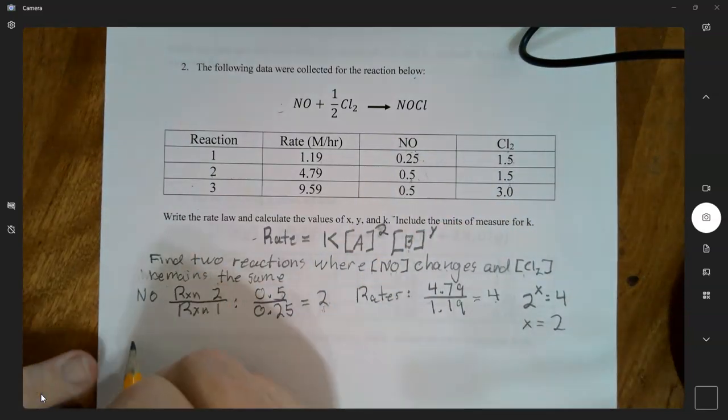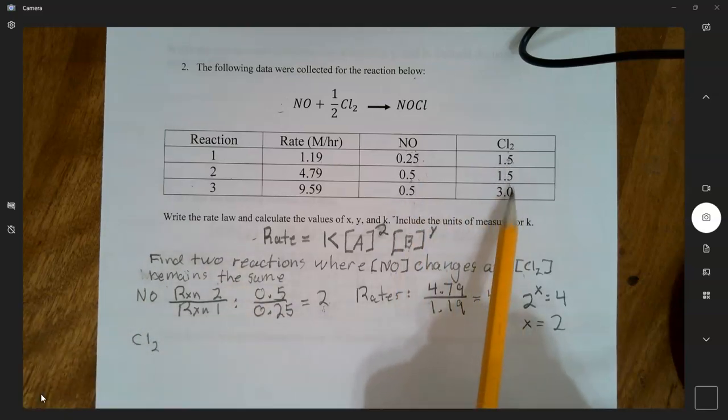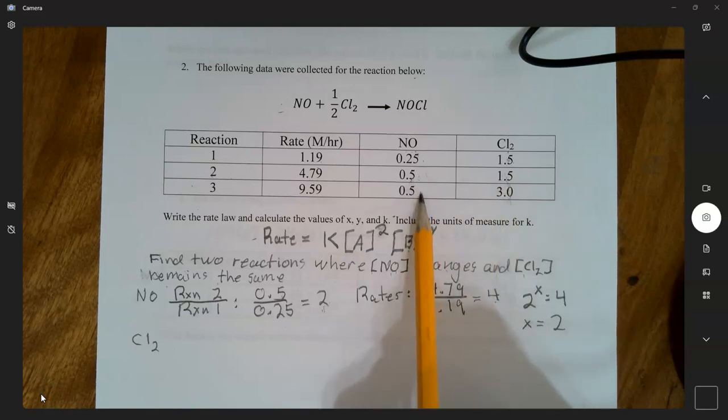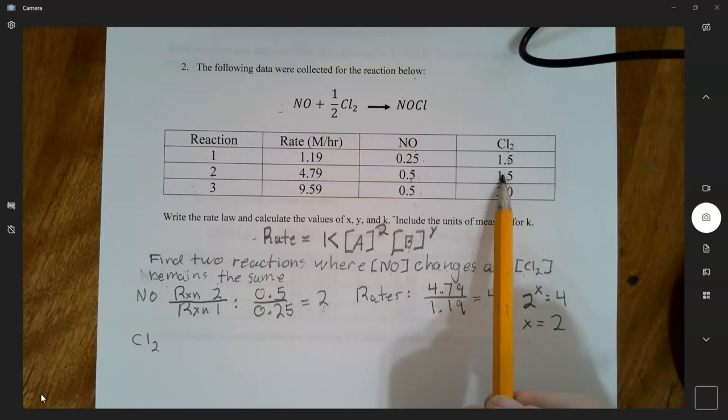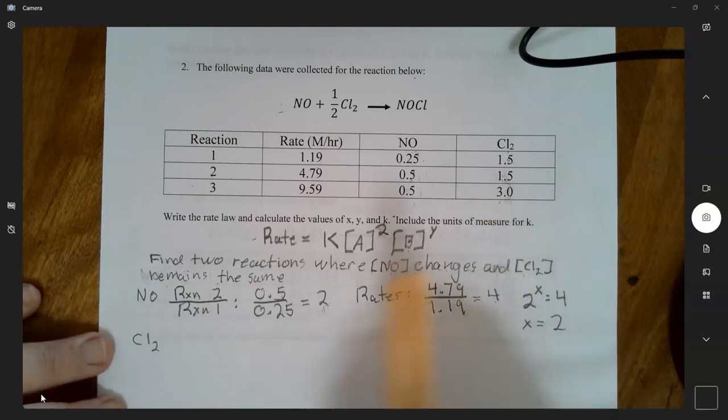Now we go down and we do the same thing for Cl2. And the two reactions where Cl2 changes are 2 and 3, okay, and NO stays the same. So we're going to use 2 and 3, and again, we're going to put the bigger number on top so we don't end up with a decimal number or fraction. So we're going to put 3 on top. So we're going to do reaction 3 over reaction 2.